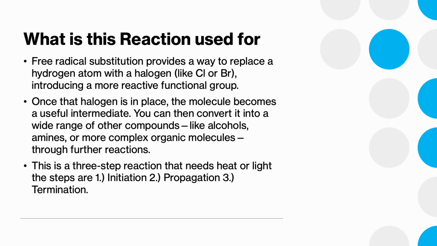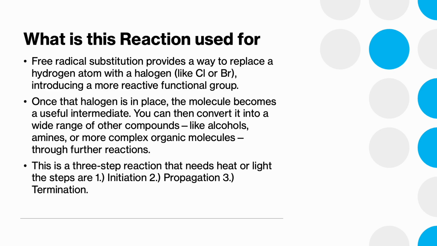Once the halogen is on there and replaces the hydrogen, you can convert them into a wide range of other compounds. Some of these examples are alcohols, amines, or just more complex organic molecules. And it just helps you further synthesize things.